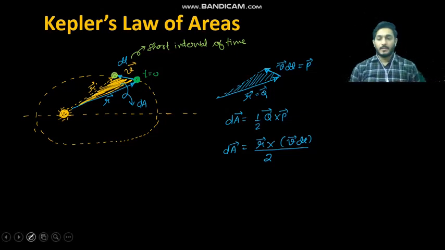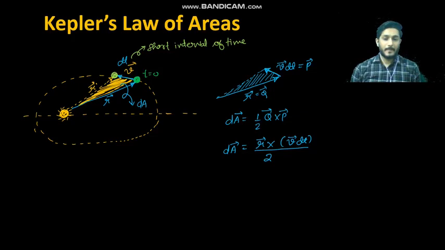Now what if I divide this dA vector by dt? What do I get? It is dA vector by dt equals r cross v vector upon 2.